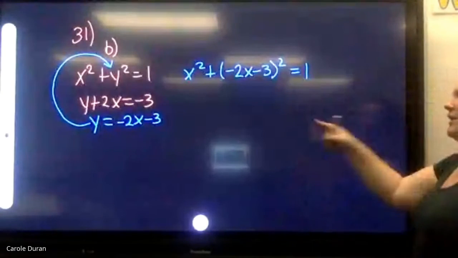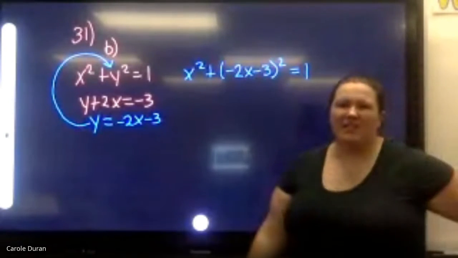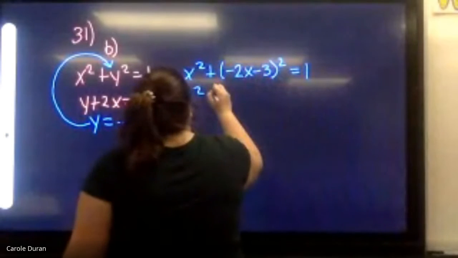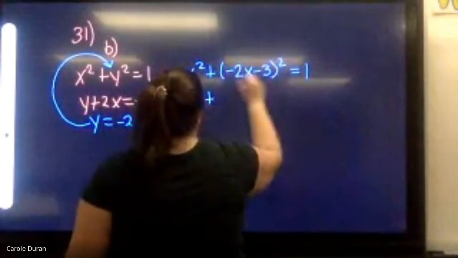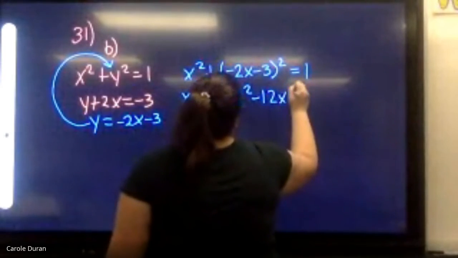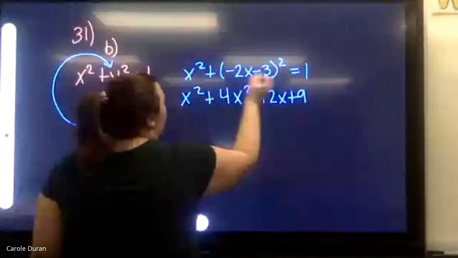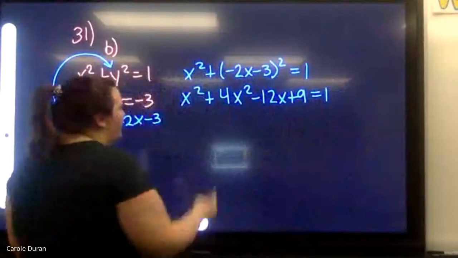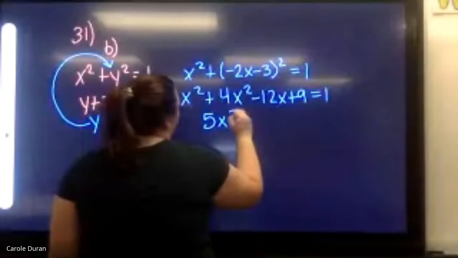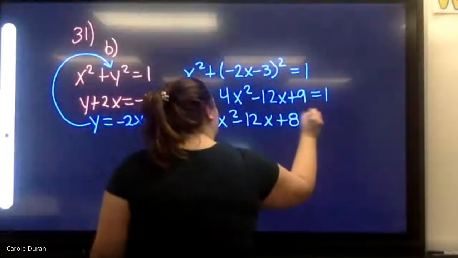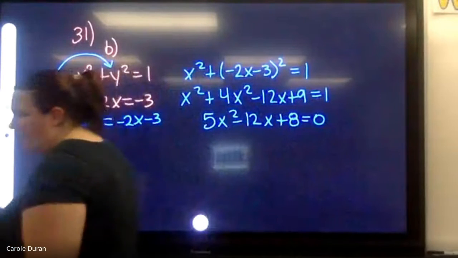I'm going to go ahead and recognize that negative 2x minus 3 times negative 2x minus 3 will FOIL out. And when it does, I get positive 4x squared plus 12x plus 9. So you're just going to FOIL this out. And then equals 1. I combine like terms to get 5x squared plus 12x plus 8 equals 0.